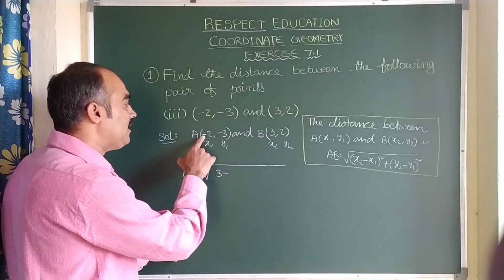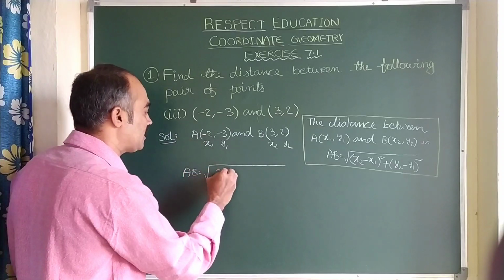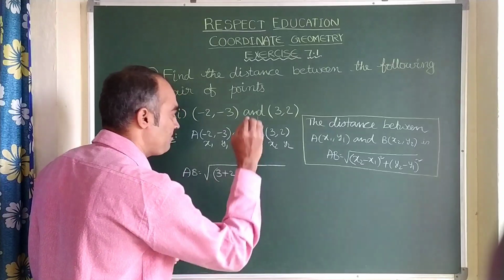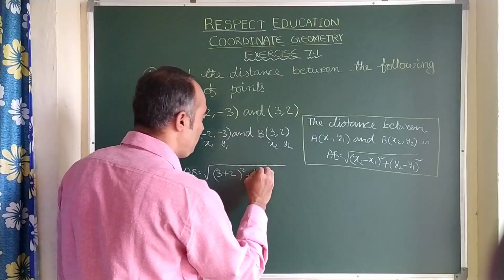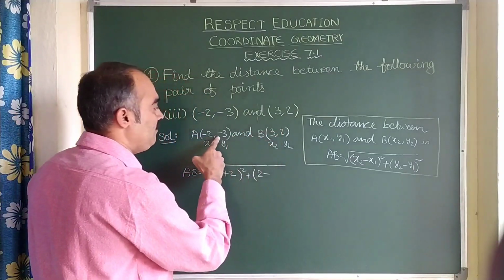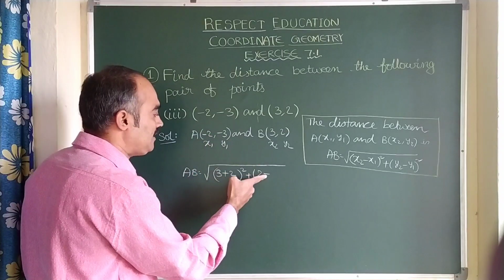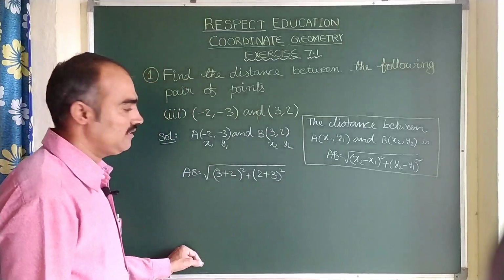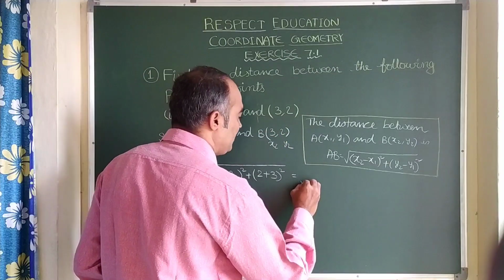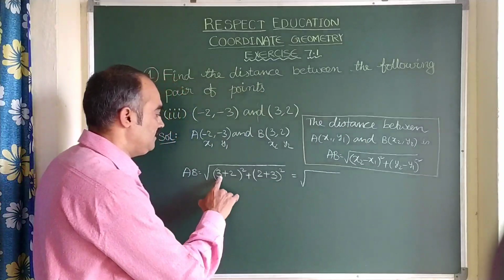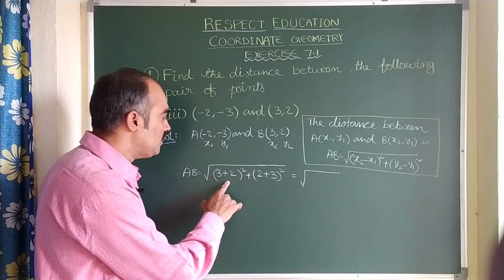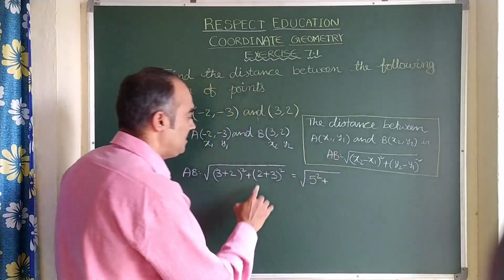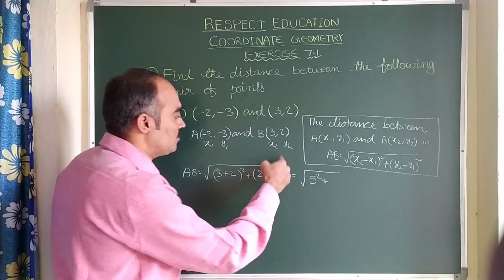Already here you see it has minus, so this minus into this minus becomes plus, so 3 plus 2 whole square plus y2 is 2 minus y1, y1 already it has minus, so minus into minus becomes plus, 2 plus 3 whole square. Clear? Now this can be written as 3 plus 2 is 5, so it is 5 square. This is 5 square plus 2 plus 3 is also 5, so it is 5 square.